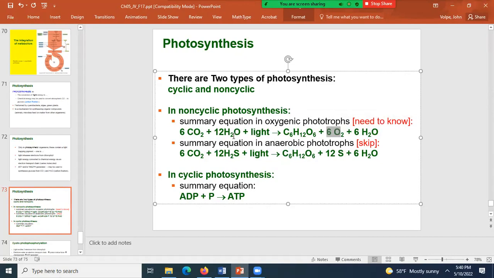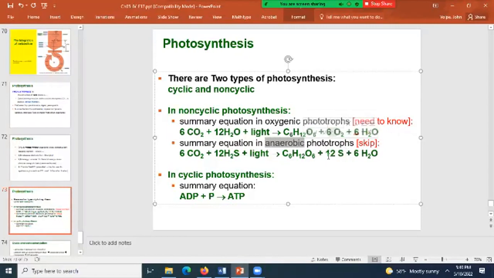There is another photosynthesis reaction, and let me just say that there is an anaerobic photosynthesis reaction that occurs by some phototrophs. And oxygen is not generated. That's why it's called anaerobic photosynthesis. You don't need to know this.